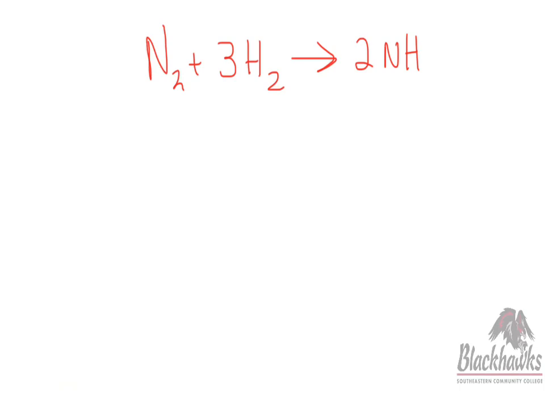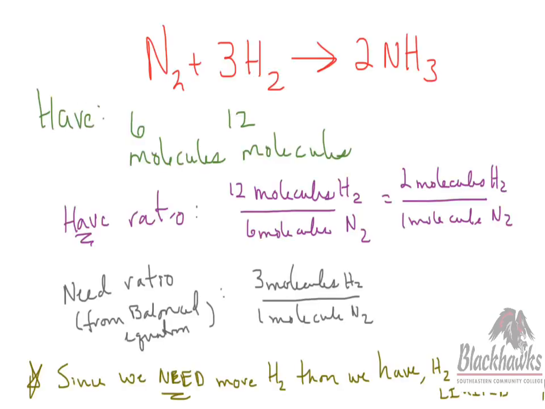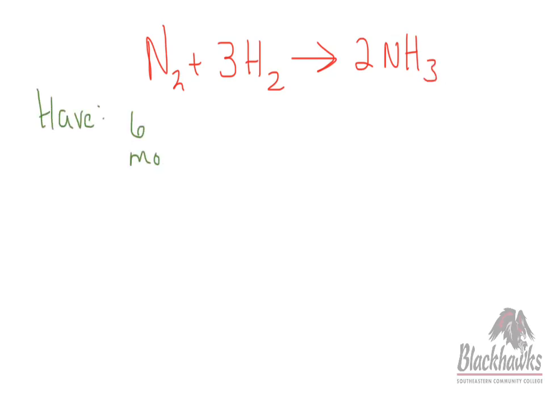So in the given information, it said that we have... So you saw nitrogen's left over. But what you're going to see me do next is come up with a have ratio.